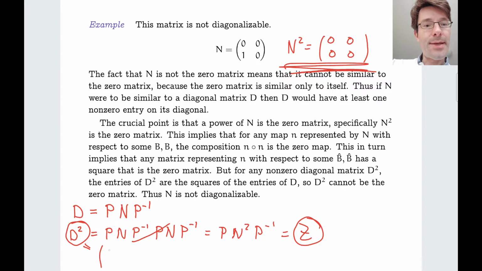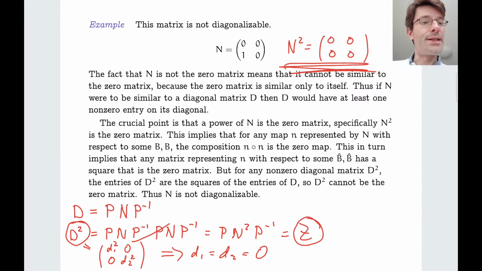Well, if you square a diagonal matrix, I think you'll find it easy, or maybe you are already aware of this fact, that you can simply square the diagonal elements. So this matrix then would be equal to the zero matrix, which of course implies that D1 and D2 are both zero, where D1 and D2 are the diagonal elements of this supposed diagonal matrix.